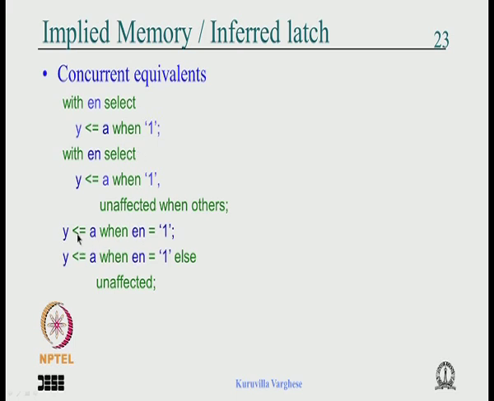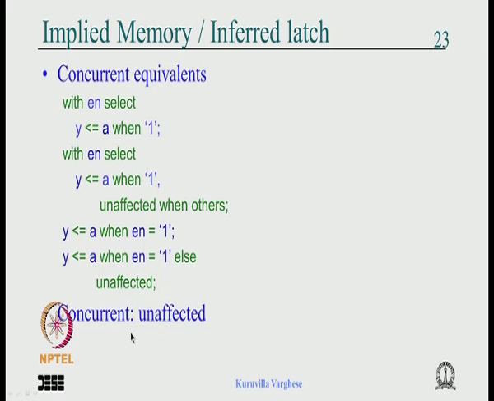Similarly for when else, y gets A when enable is 1, we don't say else, then you get the same thing, or you say y gets A when enable is 1 else unaffected. So for concurrent statements there is a keyword called unaffected, which means it retains the same output.